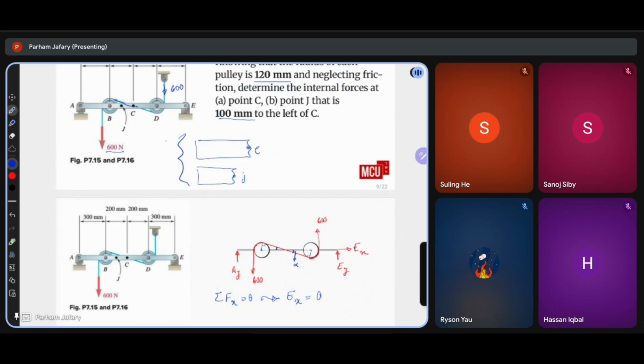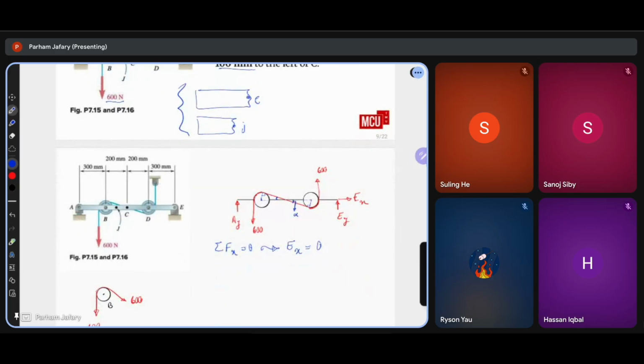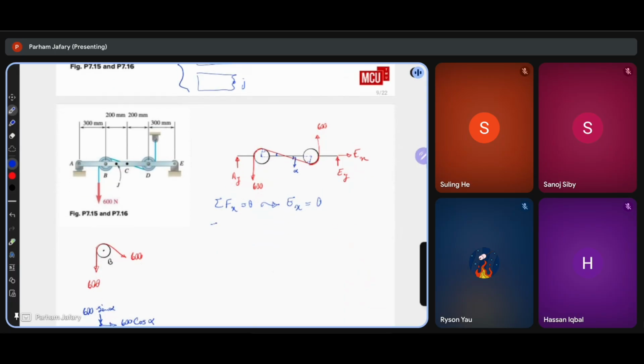Therefore, I will go for moment around E to find AY, and therefore from there I can make my cuts, okay? But the other way around is also okay.